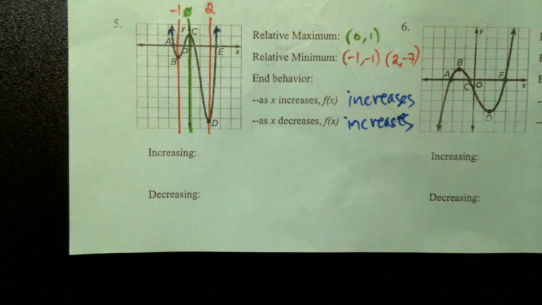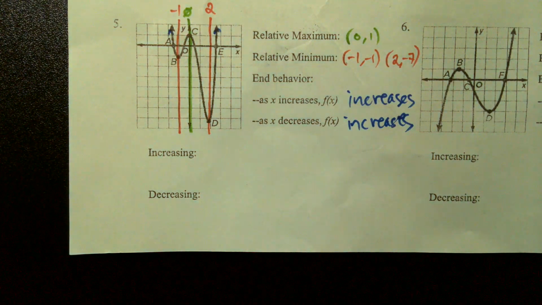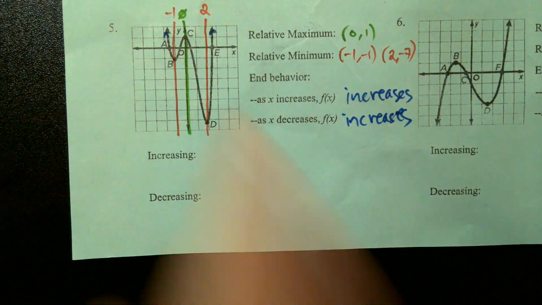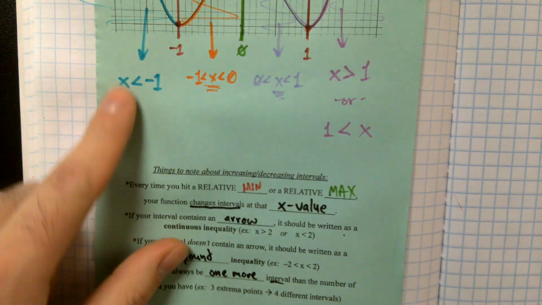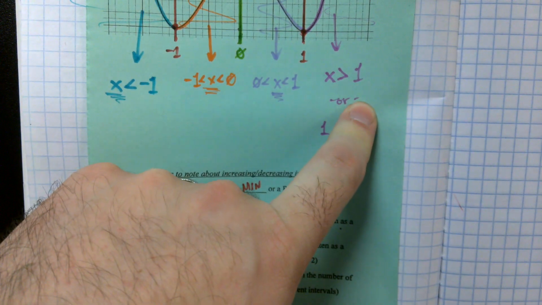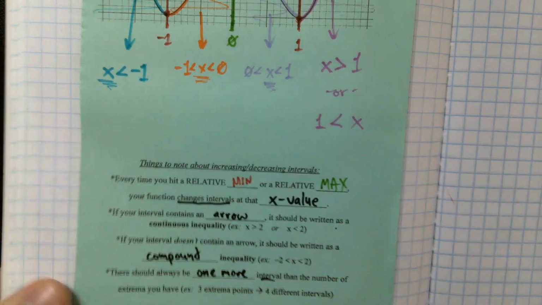Increasing, decreasing, increasing, or decreasing. Well, first of all, let's figure out what these intervals are, and then we'll figure out which one's increasing and which one's decreasing. Okay? So just like the notes we just took, I should have a continuous, a compound, and a continuous. My continuous intervals are always going to be on the endpoints because that's where my arrows are, right?